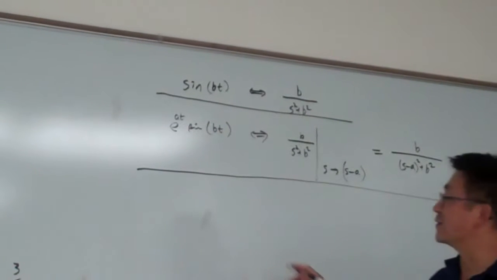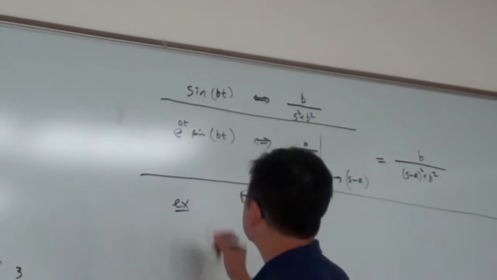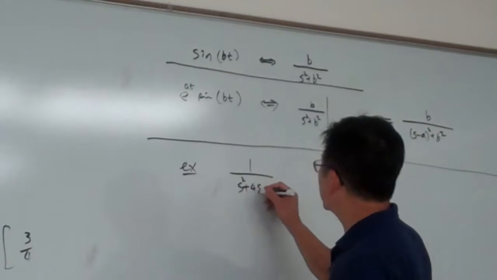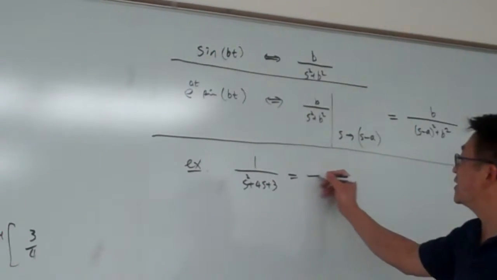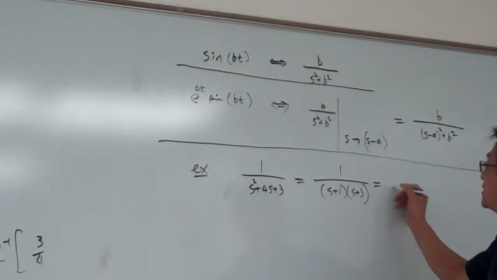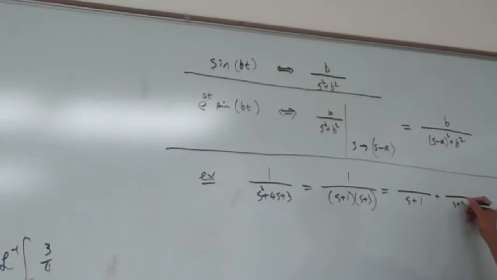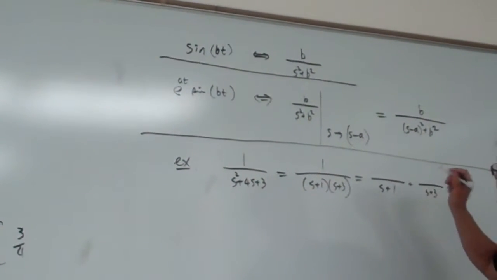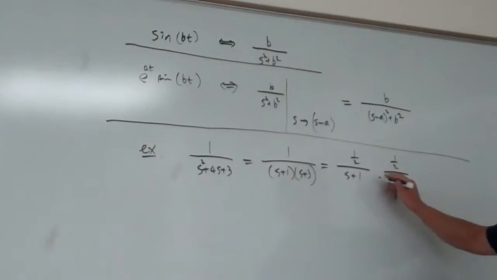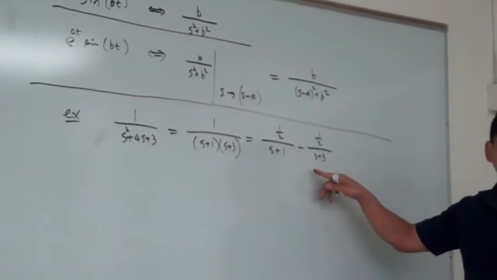Let me make one up. Say the one we tried earlier is s squared plus 4s plus 3. For this one, we know this can be factorized into this, and this can be further written like this. Trust me, but double check.